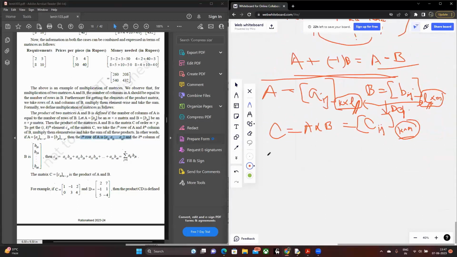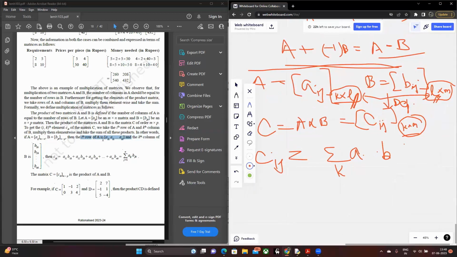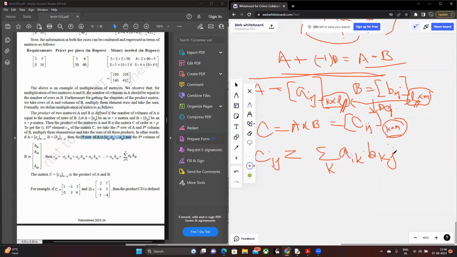Right? And we basically represent Cij as the sum of all elements. This is going to be the sum over k of Aik, and this is going to be Bkj, right? Cij can basically be represented in this form.